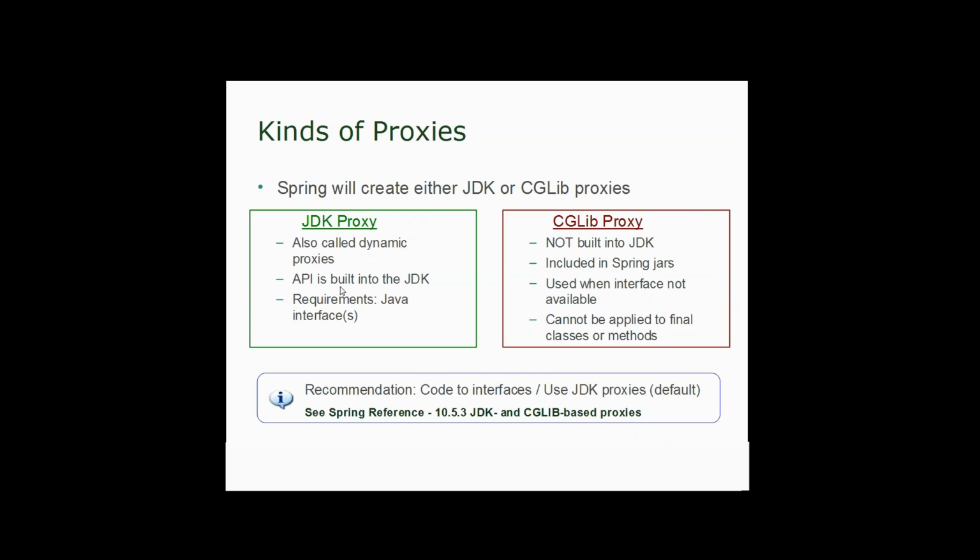It is already built into the JDK, and you just need a Java interface to do it. With CGLIB, you don't need an interface. You can just apply it on the actual class, provided that the class or method does not have the final keyword. Only in those cases can you create proxy objects.